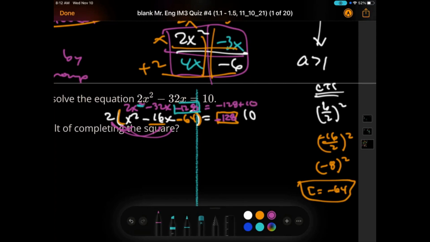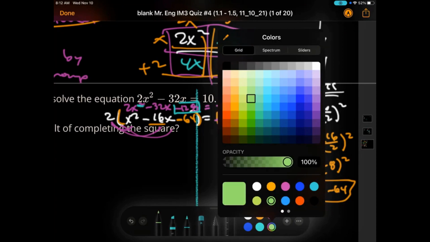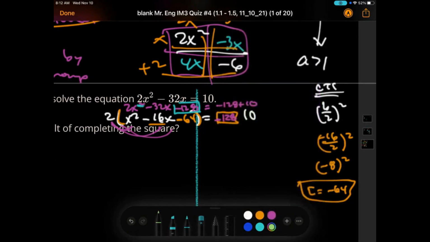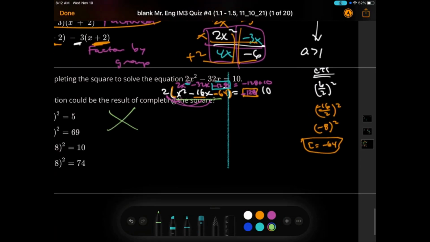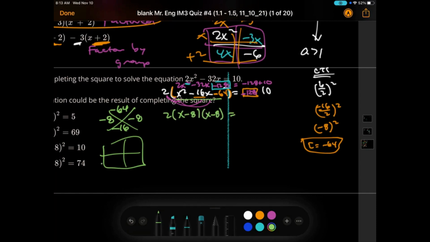Okay, let's factor the inside here. So you'll get, well, I don't need the x because a is 1. Remember, inside there, a times c is negative 64, b value is negative 16, negative 8, and negative 8. To prove to you why my trick works, not trick, it's an observation.